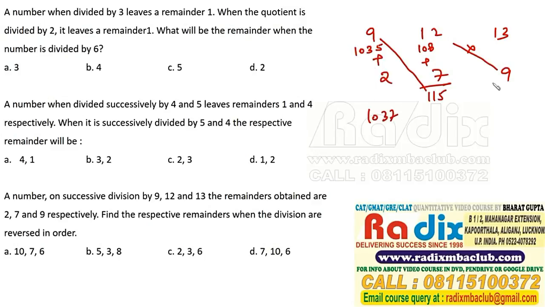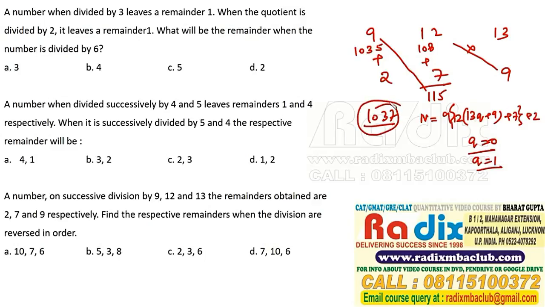So 1037 is our number. You can write the number like this also: 13q plus 9, then times 12 plus 7, then times 9 plus 2. If you assume q as 0, you will get 1037. If you take q as 1, you will get another number.